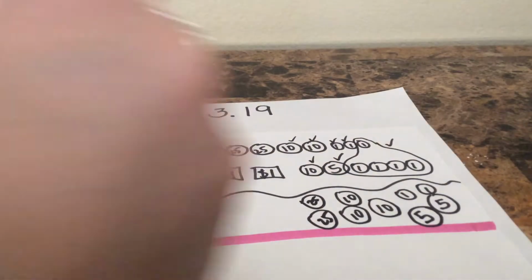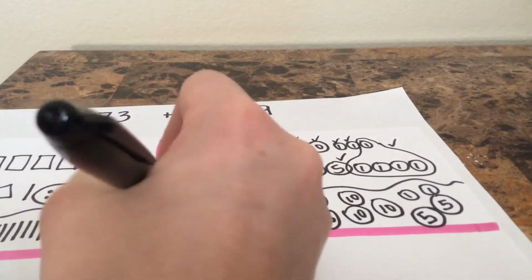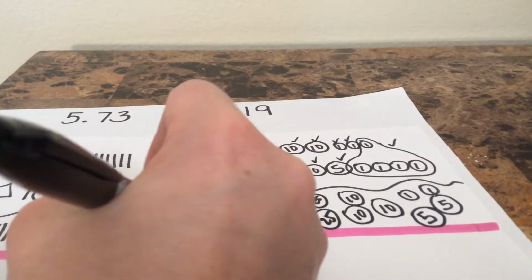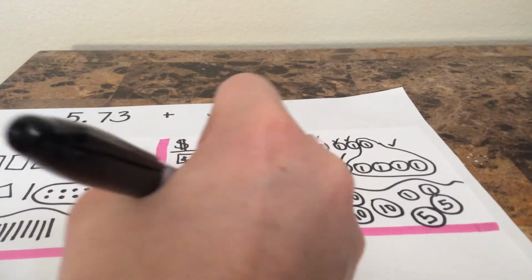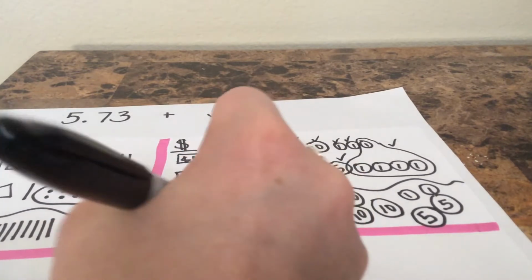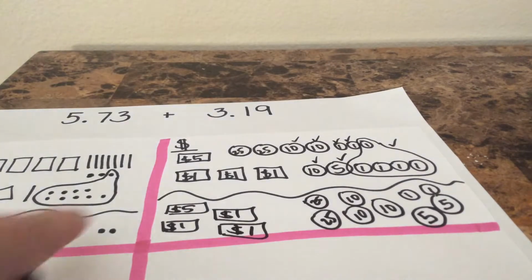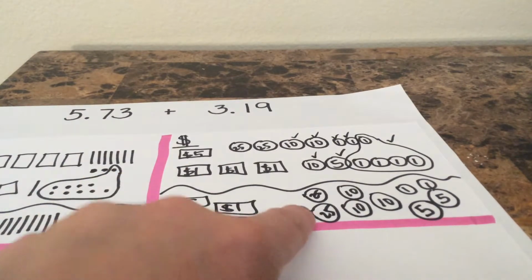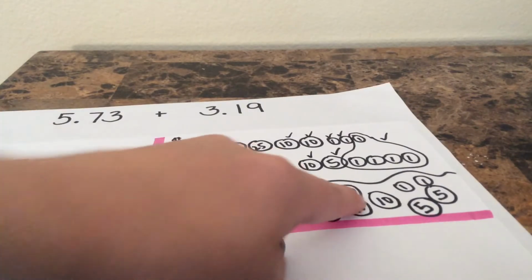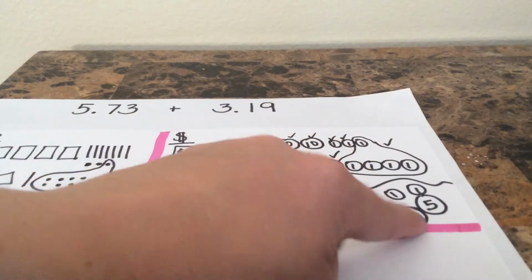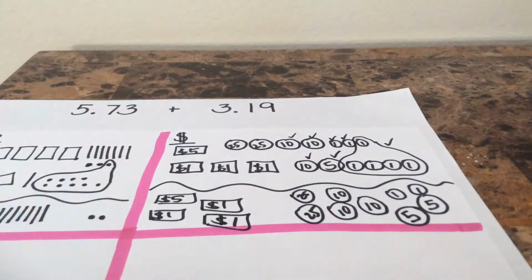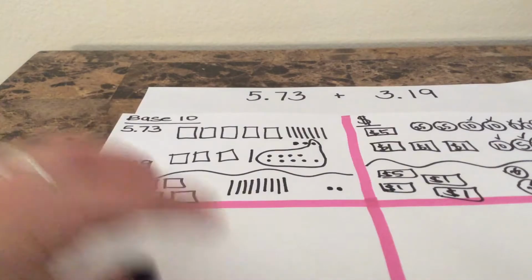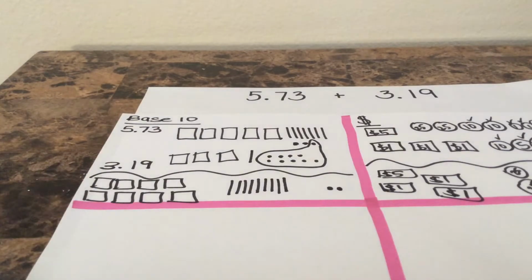Right? And then I'm going to put my $5 bill and my 3 $1. So far I have 5, 6, 7, 8 point. That makes 50, 60, 70, 80, 85, 90, 91, 92. $8.92, which was the same amount as when we did the base 10 blocks.